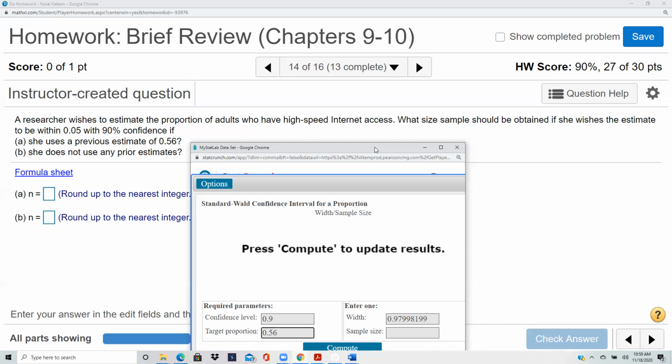So what was that number 2 here? Margin of error. Yeah, wasn't this 2 the margin of error? So when they say within, it's within 0.05. So your margin of error is 0.05.